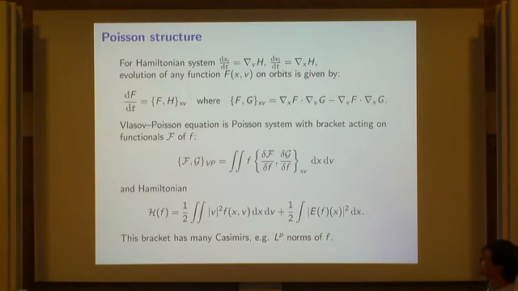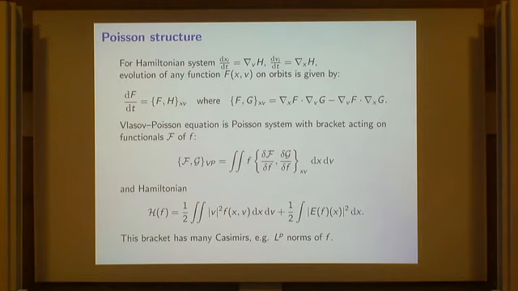So the Poisson bracket in this system is given here. These curly things are functionals on phase space, and the phase space here is the small f, the density function. Inside here you have functional derivatives, which Aaron wrote down on the board.